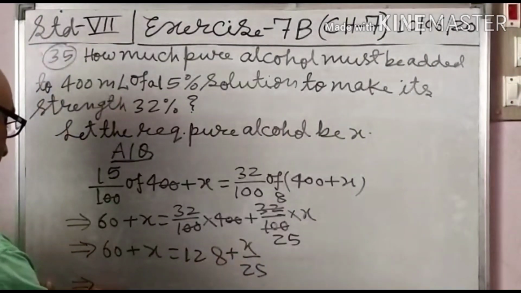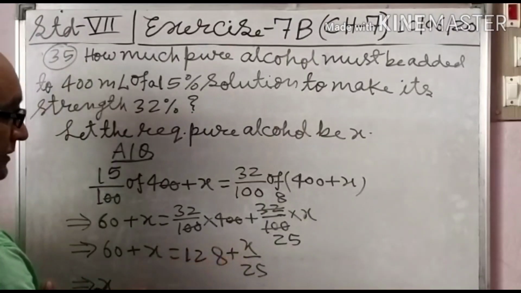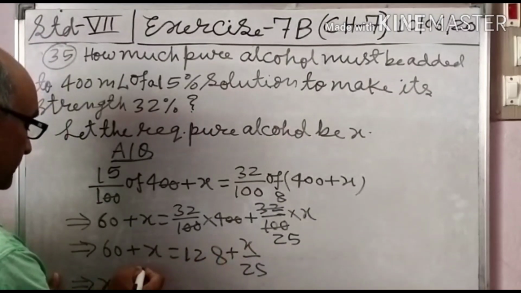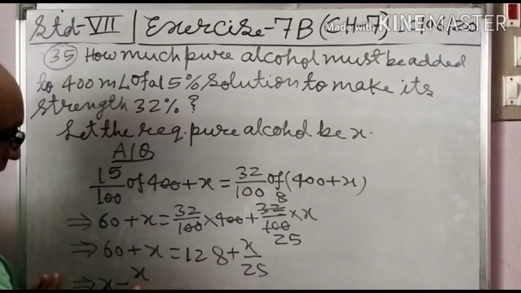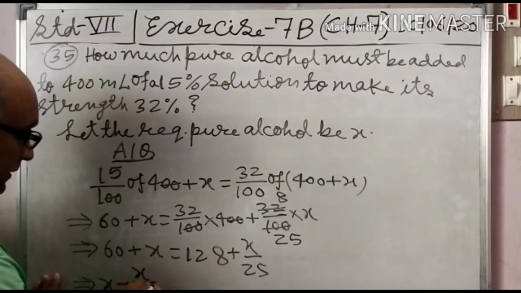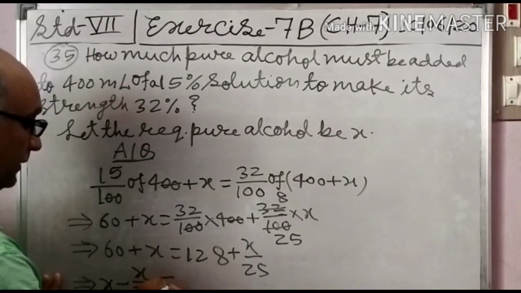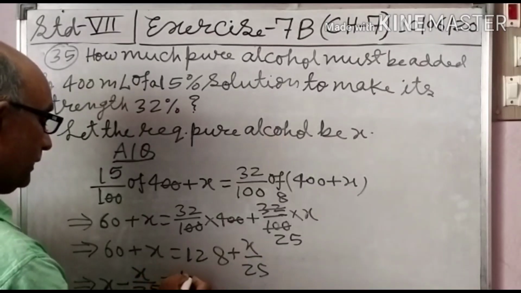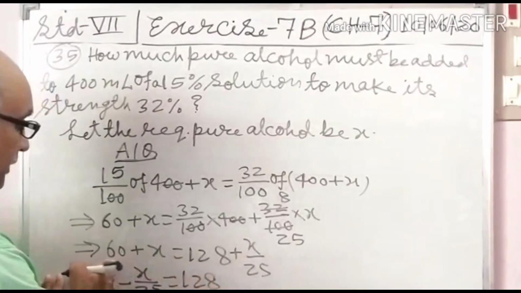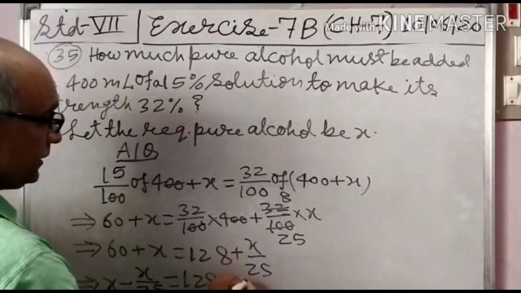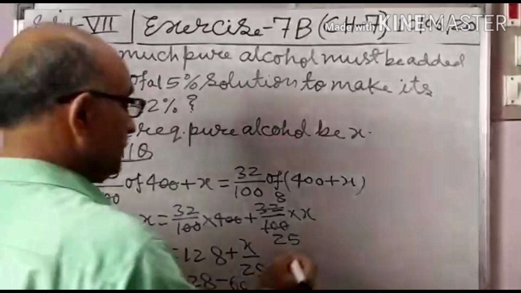Now x plus x by 25 by transposition changing to minus x by 25 equal to 128. 60 by transposition change into minus 60.